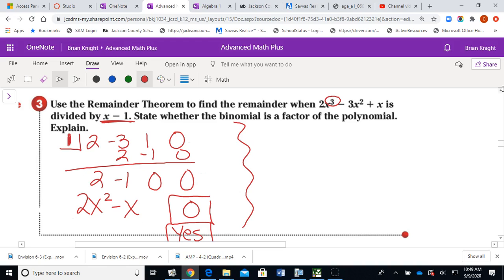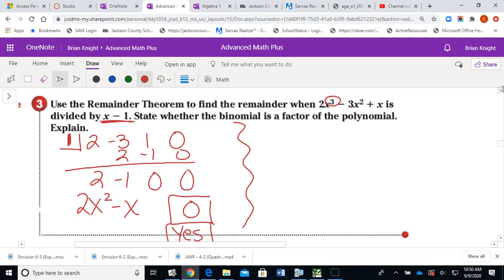Always bring it back to just normal numbers. So the binomial is a remainder. No, the 0 is a remainder. You don't have anything remaining. So why does it say whether the binomial is a factor? Correct. So you're looking at the 0 is the remainder.